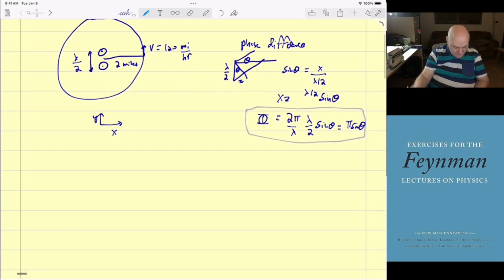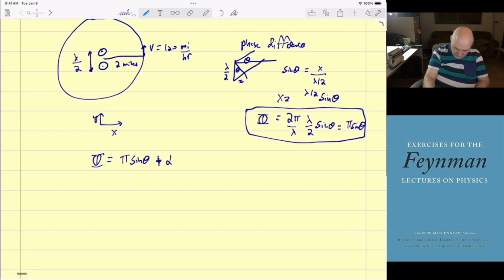Now, if we didn't have to worry about the trick in the problem with the engineers changing the phase difference, we would know that, instead of it being that, the actual value of phi is going to be equal to pi sine theta plus alpha.